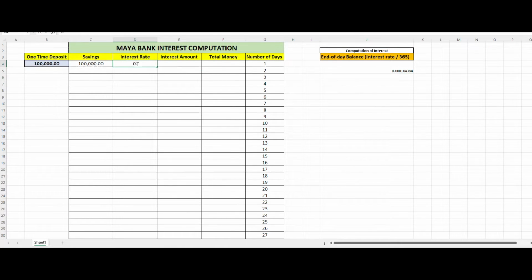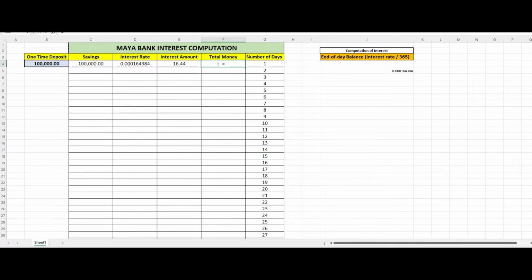So that's 0.000164384. Then to find the interest amount, we take the savings times the interest rate. So this is now the interest amount for day 1, that's 16.44.